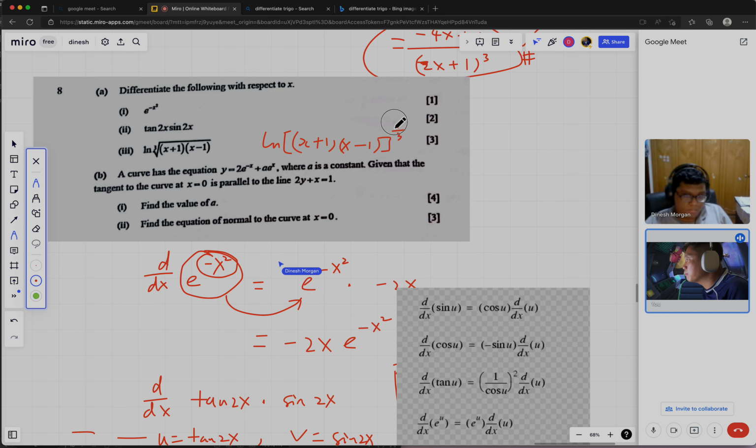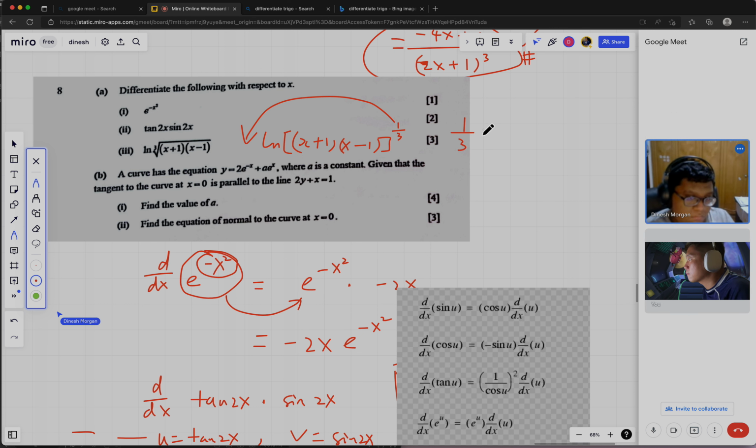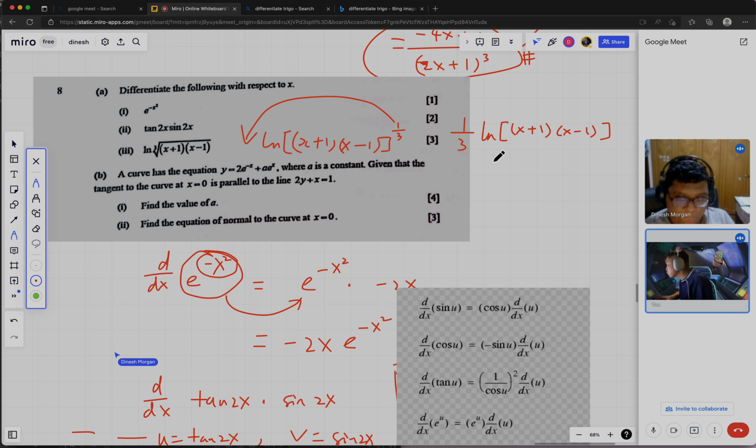And I think you can bring the 1/3 down to the front. Then I think you can do the factorization inside, x squared minus 1.